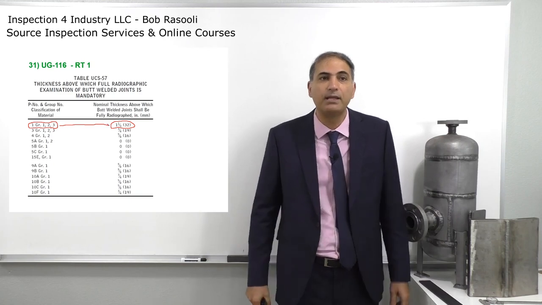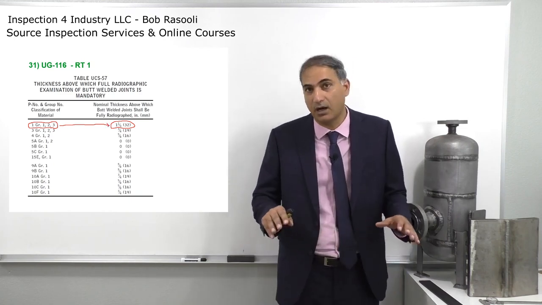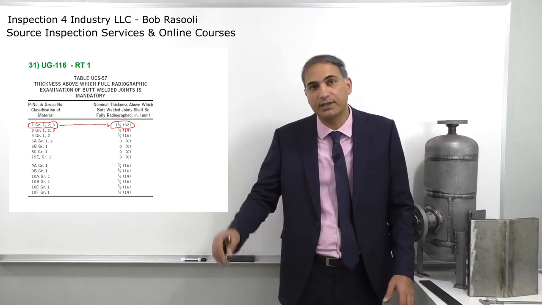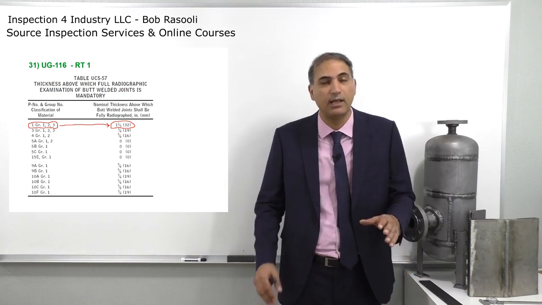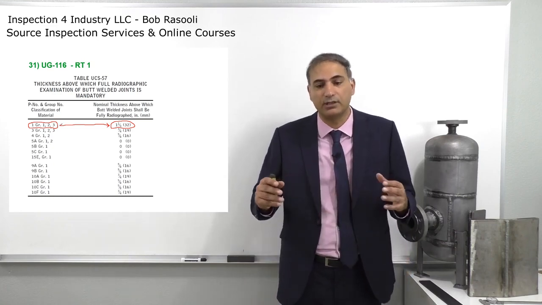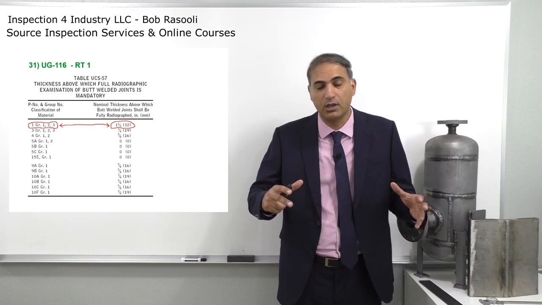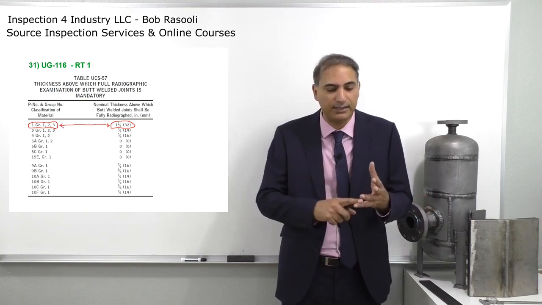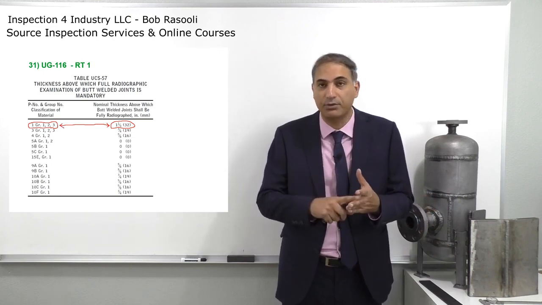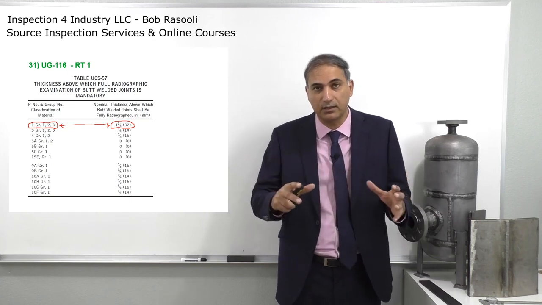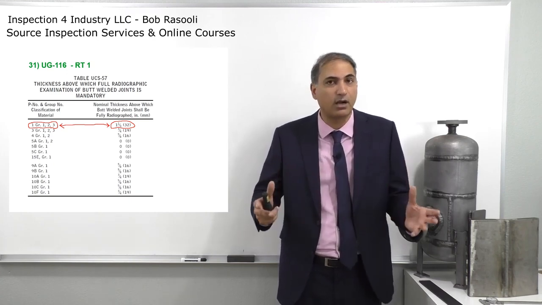P number 1 represents carbon steel. It's the subject of ASME Section 9, and we're going to review that. Section 9 groups the materials by weldability, chemical composition, and mechanical properties. P number 1 materials are normally carbon steel.